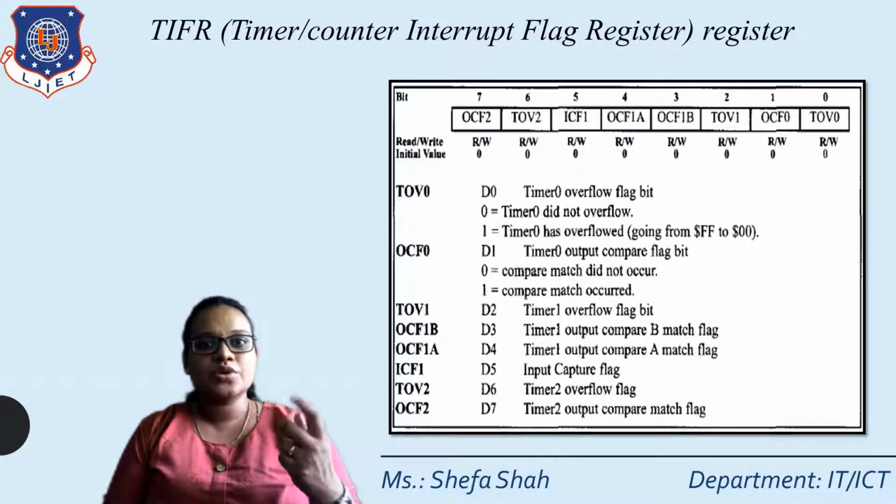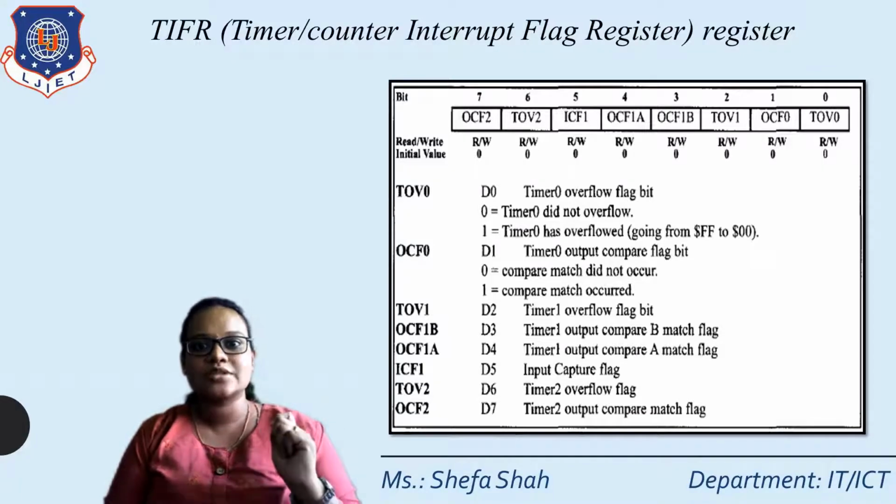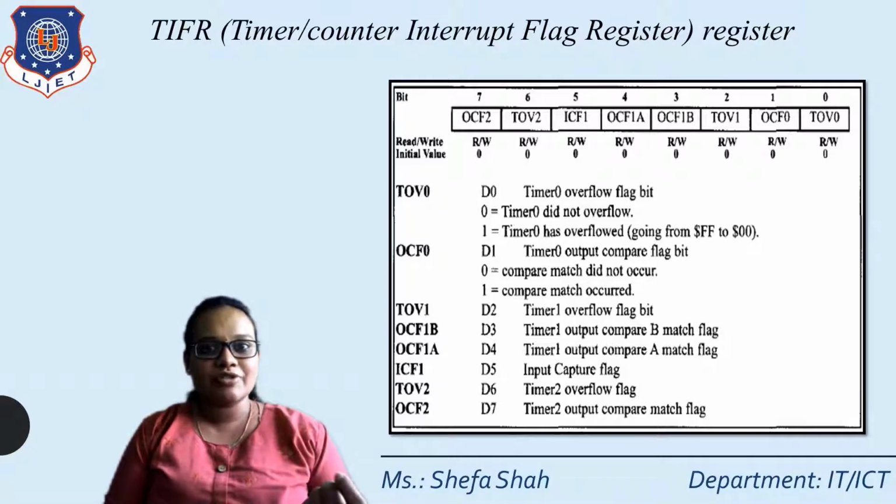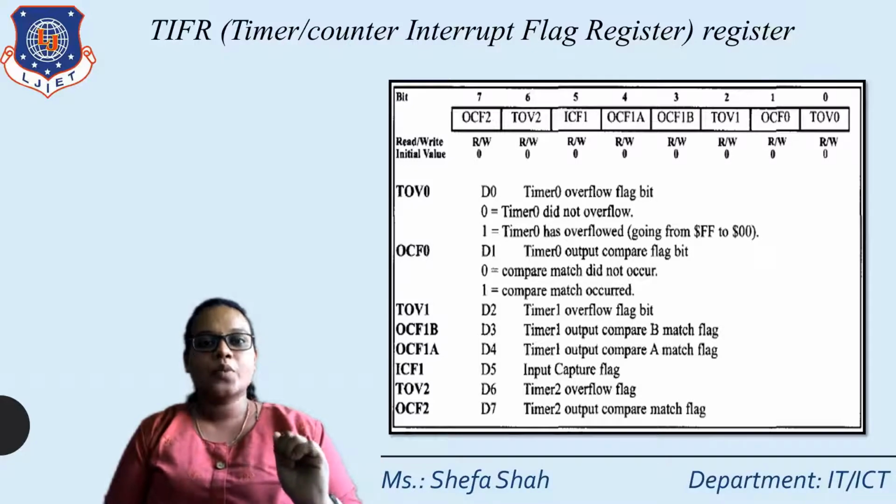Based on this comparison, we have two flags, OCF1B and OCF1A, for the respective OCR1A and OCR1B. Then the fifth bit is the input capture flag. Whenever we need input from an external device and we are counting those particular clocks, that is called the input capture flag, which we are not using in this particular programming.